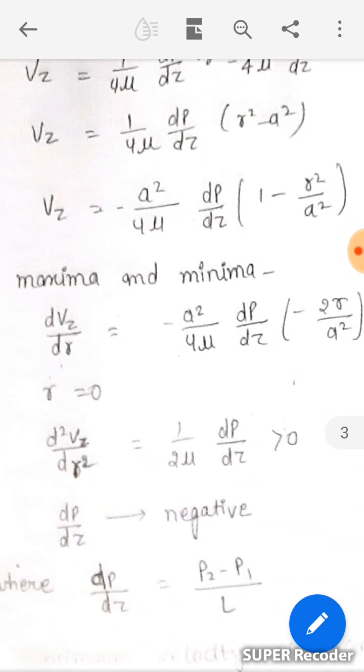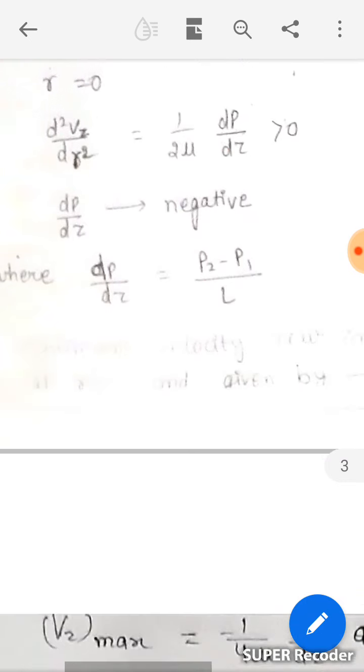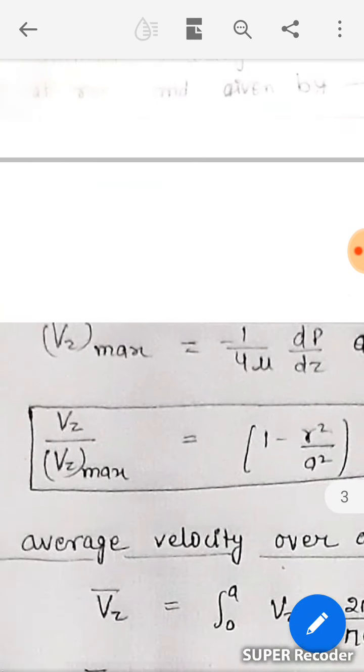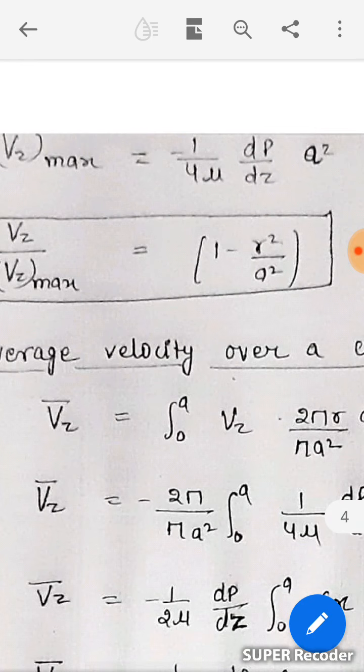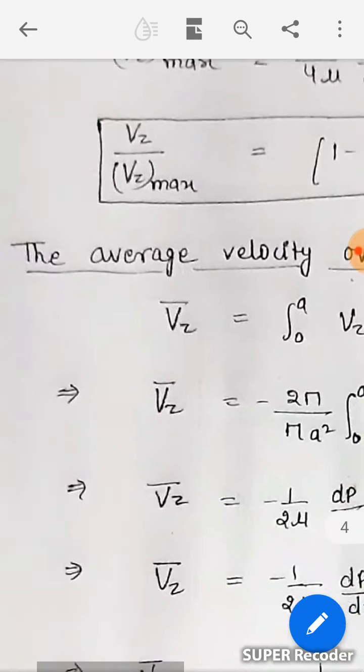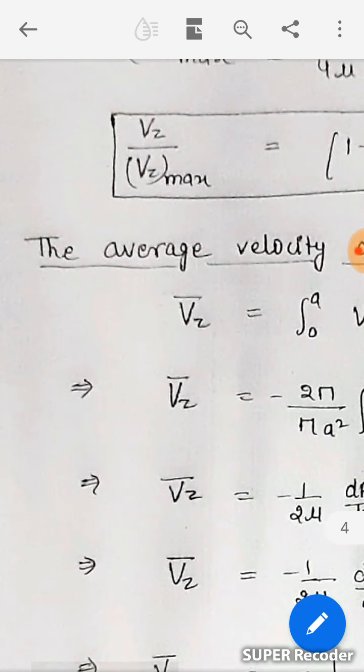So dp by dz is negative. So the maximum velocity occurs on the axis of the pipe at r is equal to 0, and this maximum velocity is given by Vz maximum is equal to minus 1 by 4 mu dp by dz into a square. So Vz upon Vz maximum is equal to 1 minus r square upon a square. This is our equation number 10.